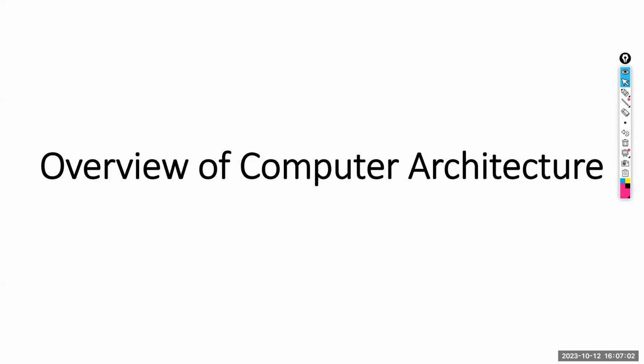So, overview of the computer architecture. Basically, at the end of this session, you must have a fairly good understanding of how the computer processes input, and processes and stores data.